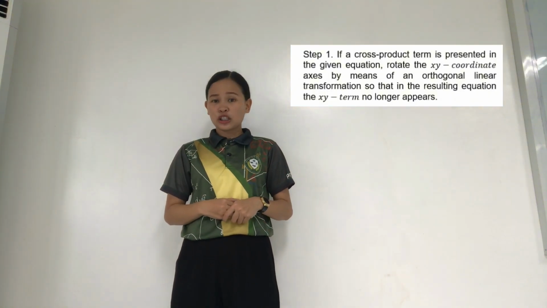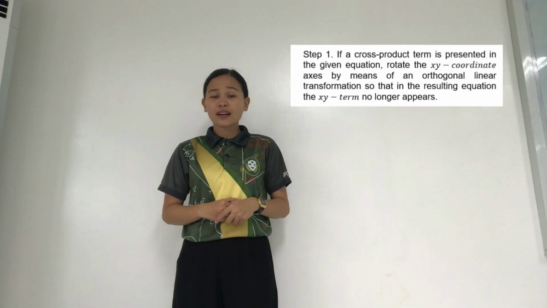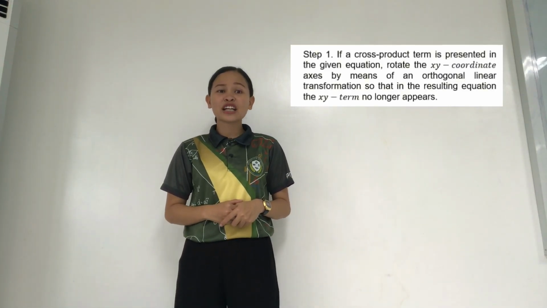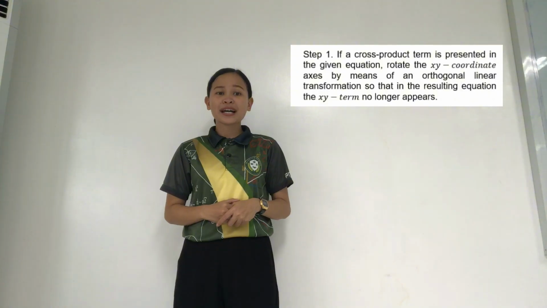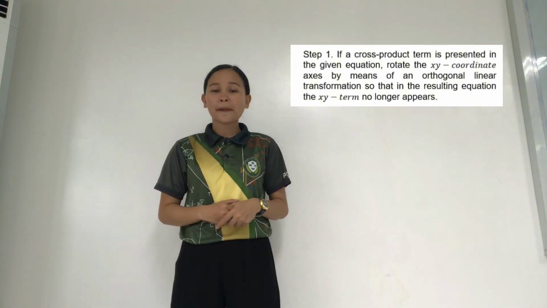The following are the steps to identify a non-degenerate conic section whose graph is not in standard position. Step 1. If a cross product term is present in the given equation, rotate the xy coordinate axes by means of an orthogonal linear transformation so that in the resulting equation, the xy term no longer appears.